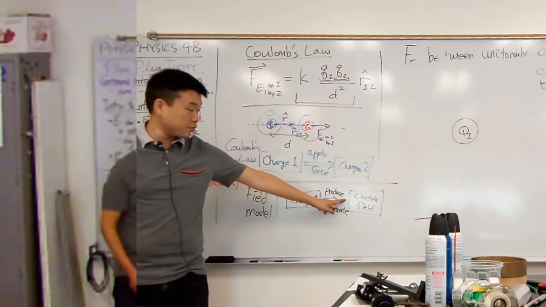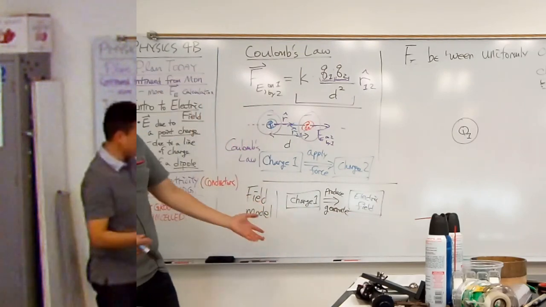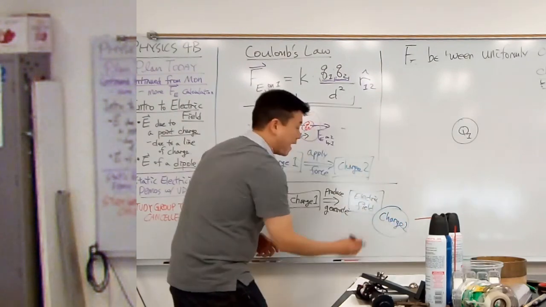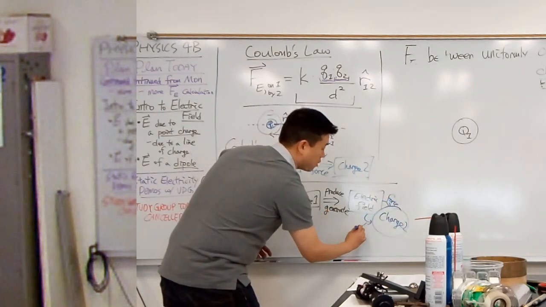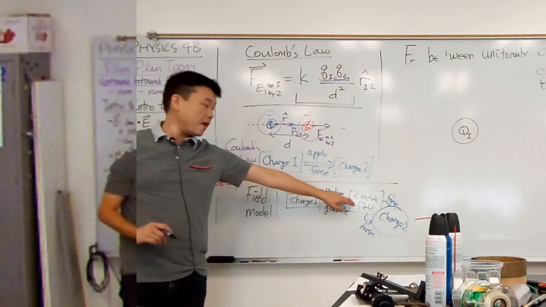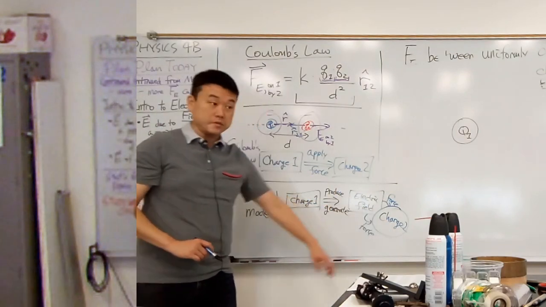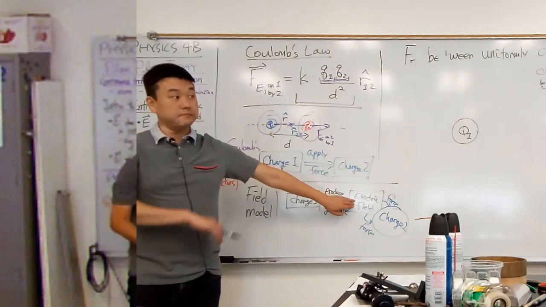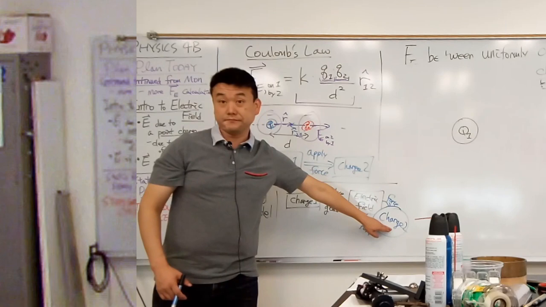What's important is that once you place another charge, charge 2, within this electric field, the field is going to apply force. So we look at this field as a mediator. We don't say charge 1 is what's applying force directly on charge 2. We say all that charge 1 does is produce the field, and this field will now apply force on charge 2.